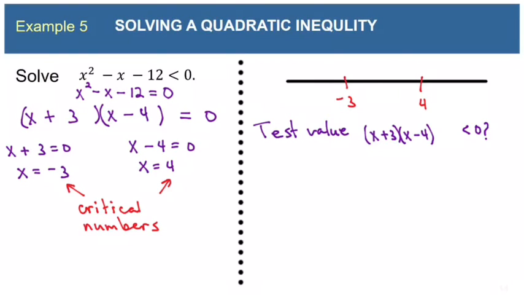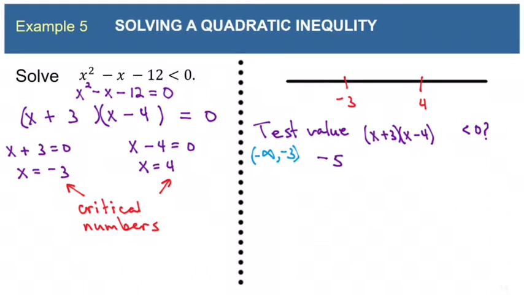What you don't want to do in my math lab is just write true, false, true on your number line. That's not going to be enough work to get credit. So you need to show how you're deciding whether each one is true, false, true. So for my first test value, I'm thinking about the interval from negative infinity to negative 3, and I just need to pick a number that I know is in that interval.